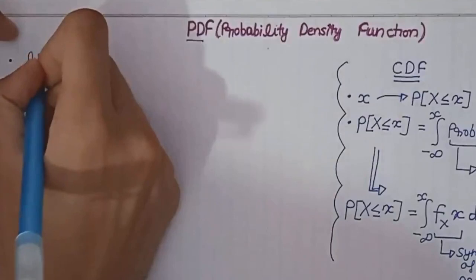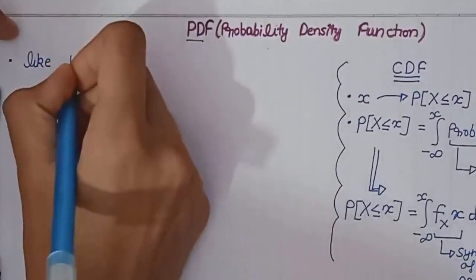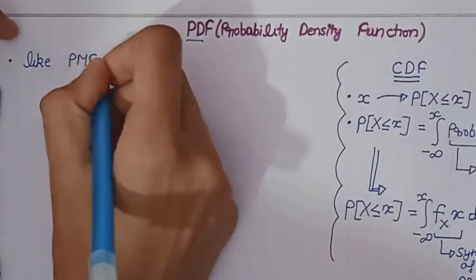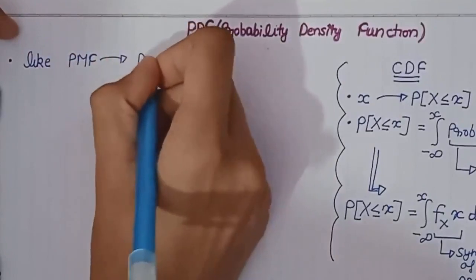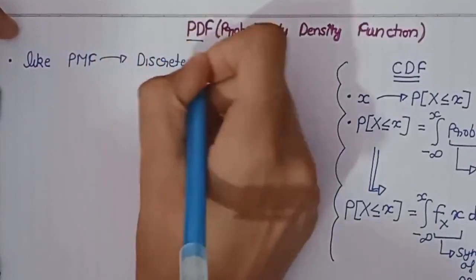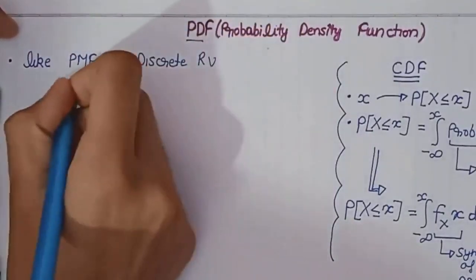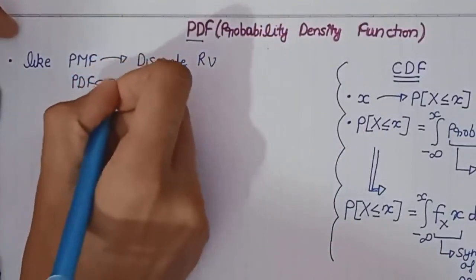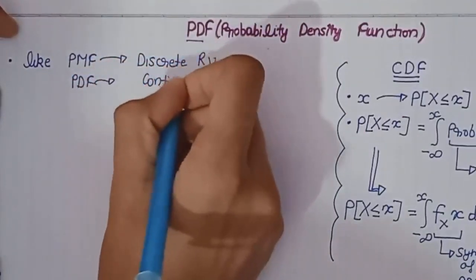Like we discussed in session 2 about PMF, PMFs are used to represent the probabilities for a discrete random variable. Similarly, PDFs are used for a continuous random variable.